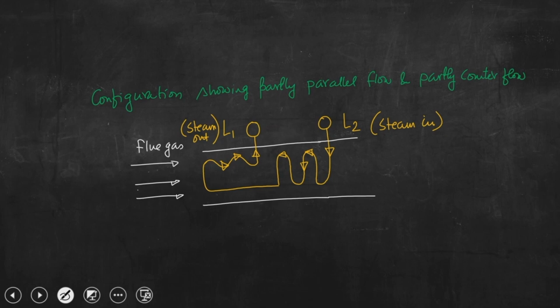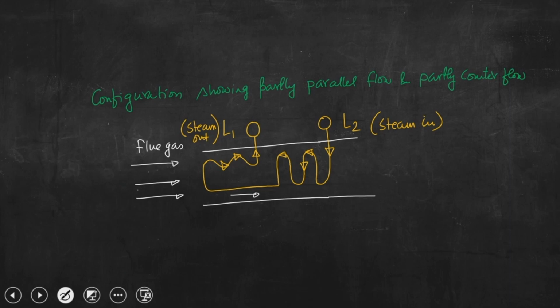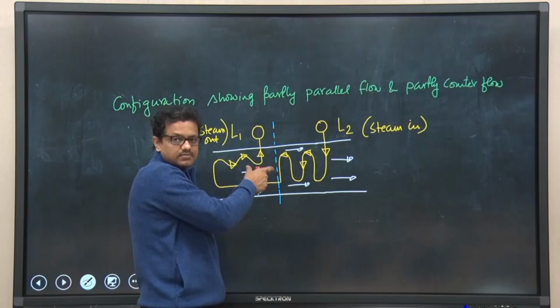Okay. So, what we can see, and that flue gas is flowing in this direction. Okay. So, if we give one demarcating line, so this line demarcates two different flow configurations.